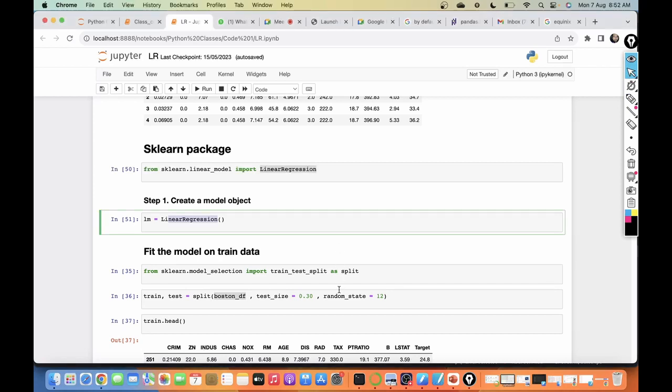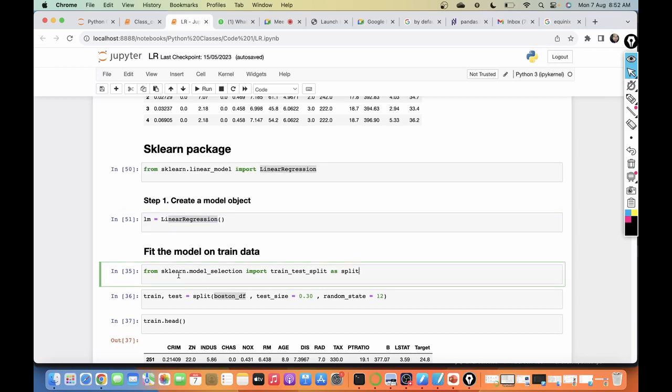Now, to split the data into train and test, we have imported model selection from sklearn. From model selection we imported train_test_split. This function will split our data into train and test. And one more thing, just try to understand, get an inner insight.